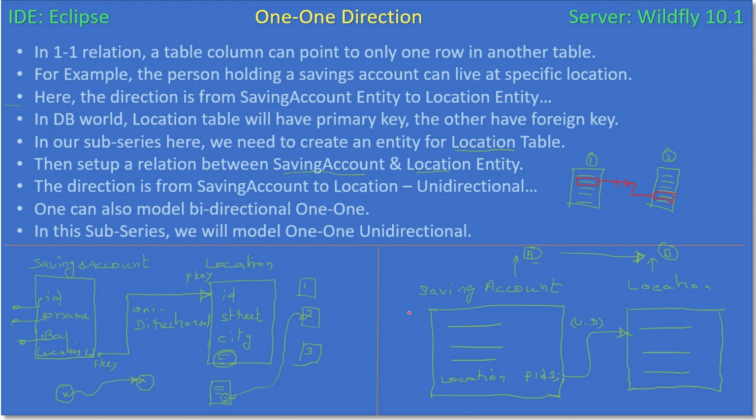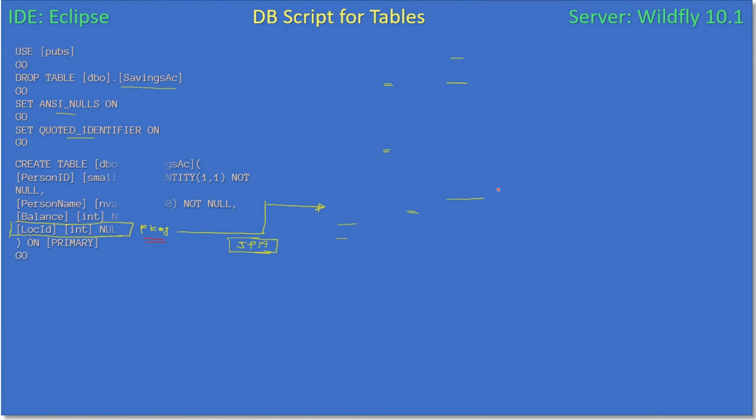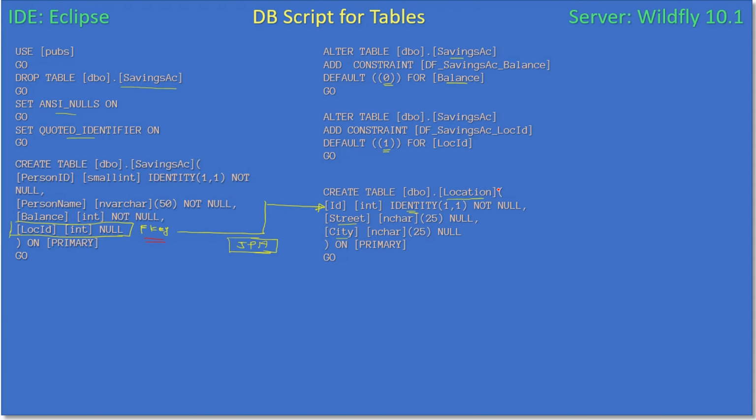So in this subseries we are concentrating on unidirectional relation. Next we created the DB script. We made adjustment to the savings account table to add a new database field. Then we created the location table.